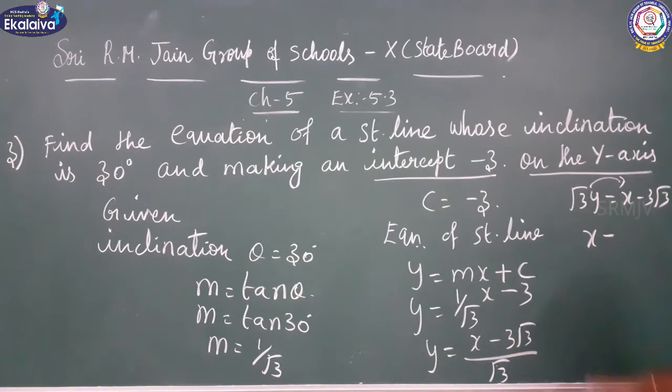The left hand side value you can bring to the right hand side, and root 3 y you can bring to the left hand side. So x minus root 3 y minus 3 root 3 equal to 0.